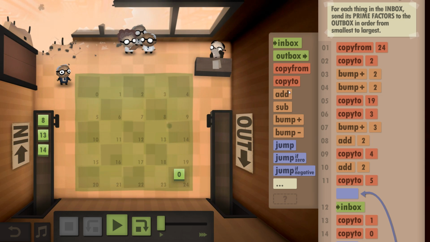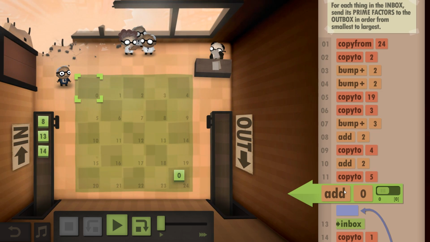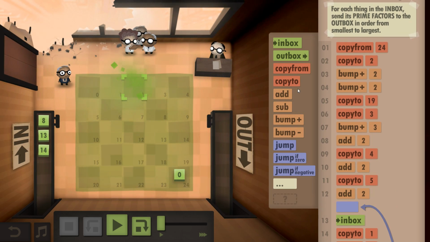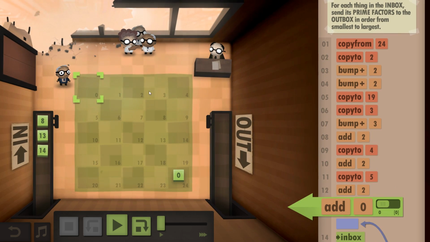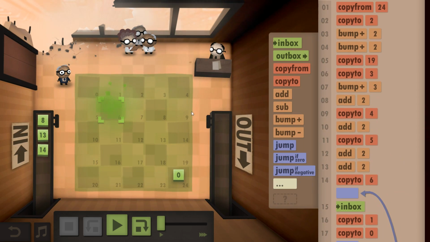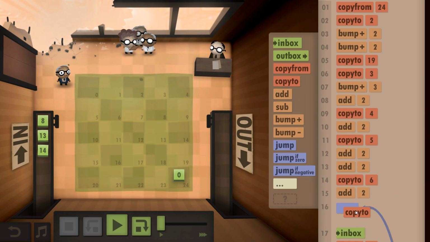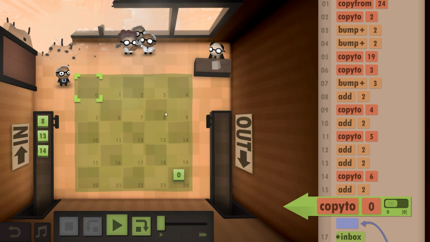Then I do add 2, whatever, it doesn't matter. Copy 2. Add 2, copy 2. That's so many steps, that's insane.